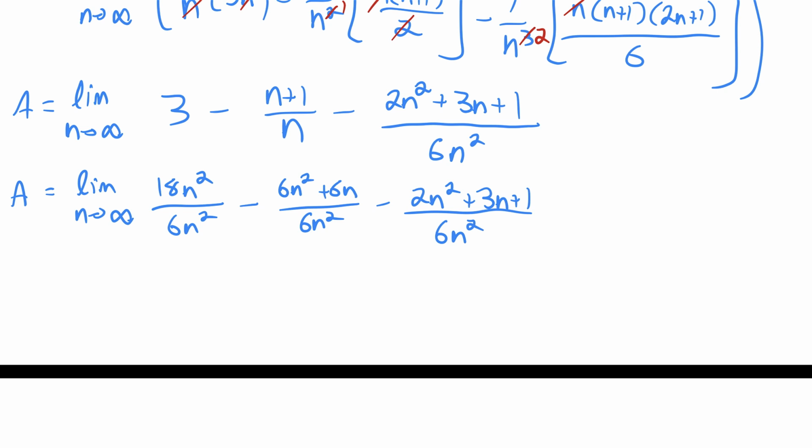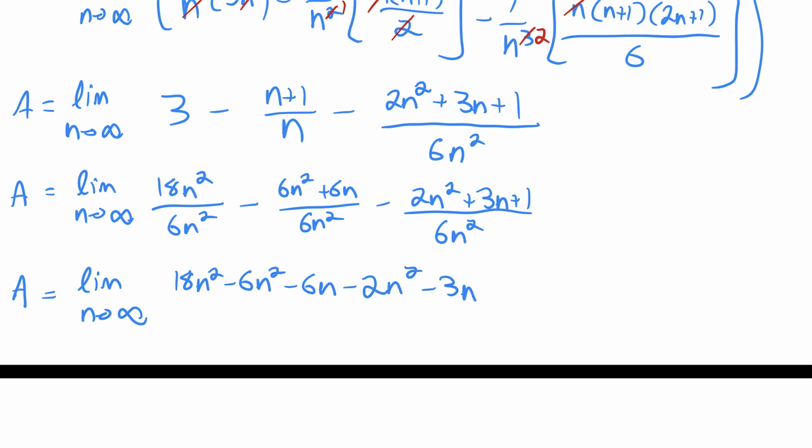Notice they all now have a common denominator, so I could write them as a single fraction. I've got 18n squared minus 6n squared minus 6n minus 2n squared minus 3n minus 1 all over 6n squared.